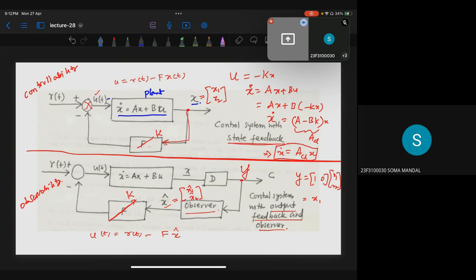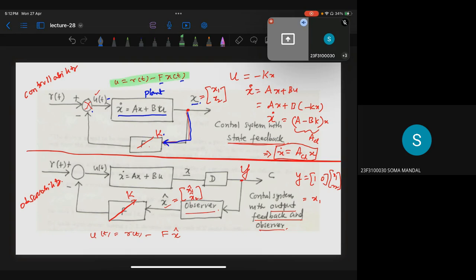From there you take the feedback. Take this F as, let's say, some K, and give it to the summing point. You can see that u of t can be written as r of t minus F multiplied by x of t, from the summing point.